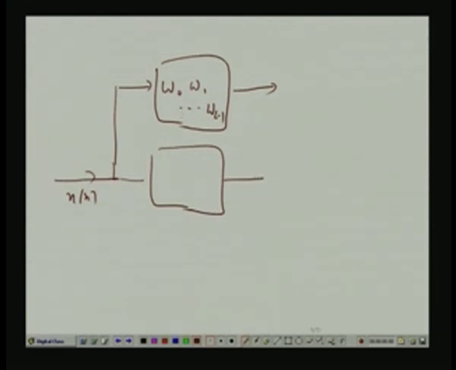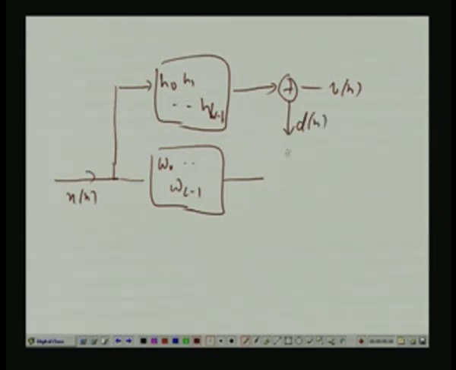Sorry, instead of using W, let me use some other symbol here: H0, H1, up to HL minus 1, and there is a measurement noise Vn, together giving Dn. This measurement noise is uncorrelated with Xn and therefore uncorrelated with this output Yn.